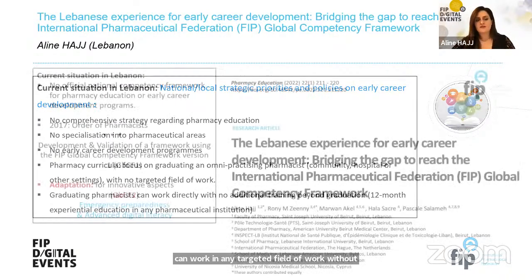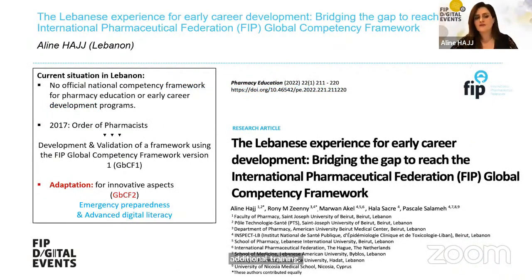So based on this current situation, and because we do not have any official national framework, we tried in 2017 within the Order of Pharmacists to develop and validate a framework using the first version of the Global Competency Framework. Since it has not been implemented yet, when we had the GbCF 2, we thought it could be interesting to adapt it, to improve it and to add some innovative aspects related, for example, to emergency preparedness or advanced digital literacy and so on.